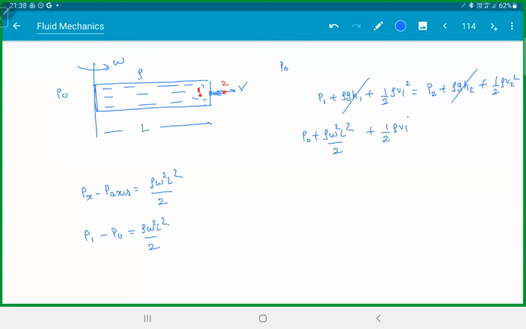Half rho V1 square we neglect, because a into V1 equals A into V2, so V1 will be small a by capital A times V2. This is almost 0 since the hole is small. P2 is again P naught plus half rho V2 square. P naught will cancel off. You end up with V2 being omega square L square, root, so V2 is omega L basically.